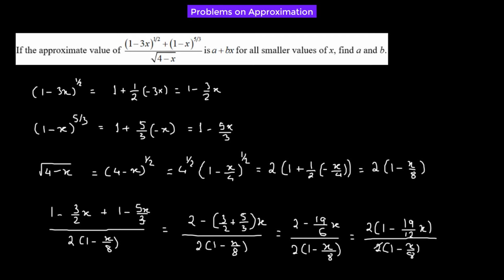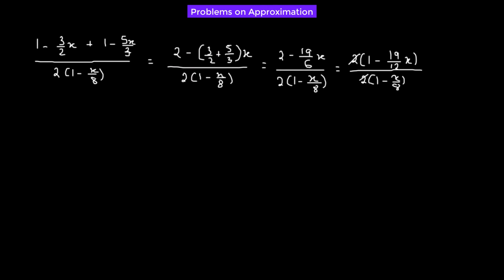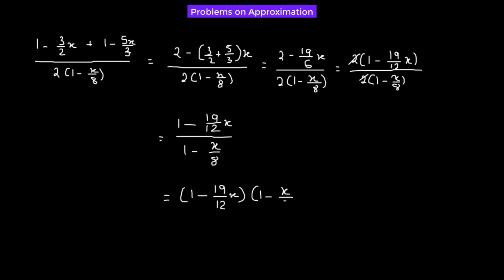So the 2 and 2 factor out, leaving us with 1 minus 19 over 12 times x, divided by 1 minus x over 8. Then we take the expression in the denominator to the numerator. That will give us 1 minus 19 over 12 times x times 1 minus x over 8 raised to the power of negative 1.